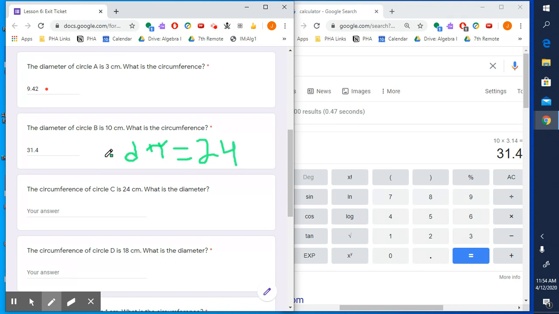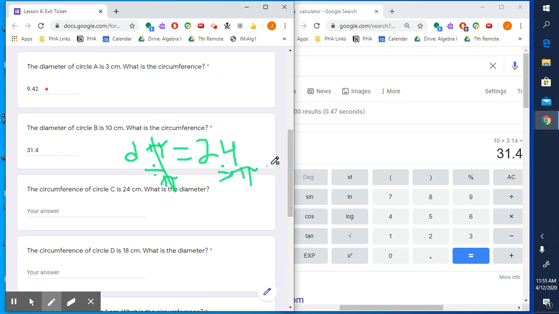Well, then to figure out the diameter, I need to divide both sides by pi. So if we divide this side by pi, pi divided by pi cancels out. We just have the diameter. And then we need to do 24 divided by pi on this side.